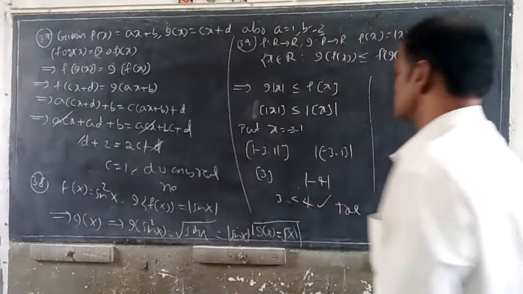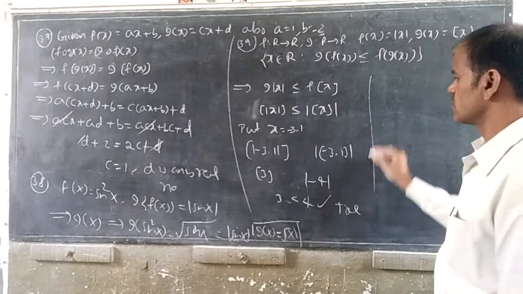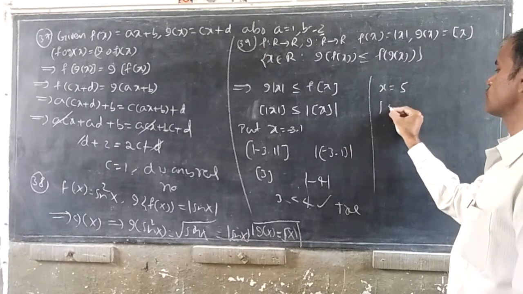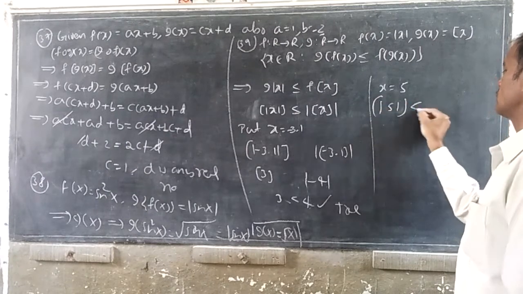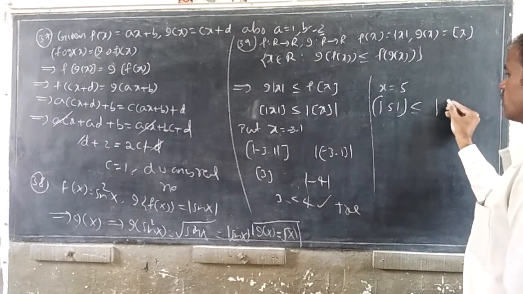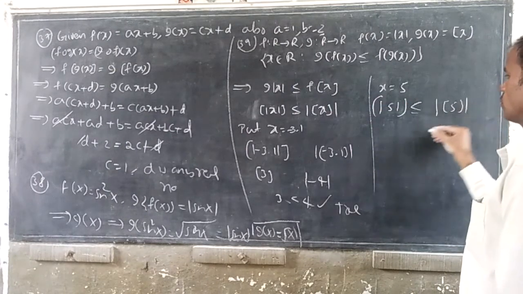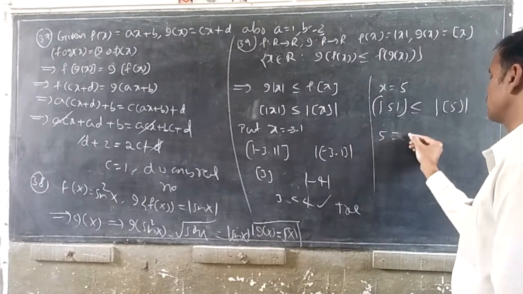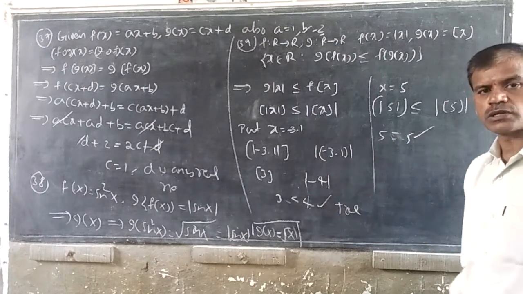Now let us consider simple numbers. Put x equal to 5. Modulus 5 step is 5, and step of modulus 5 is 5, so equality also satisfies.